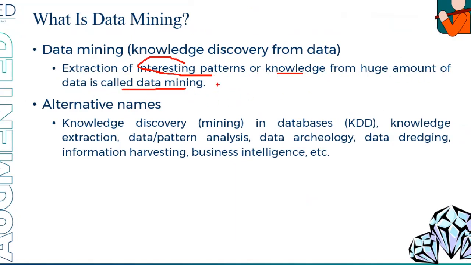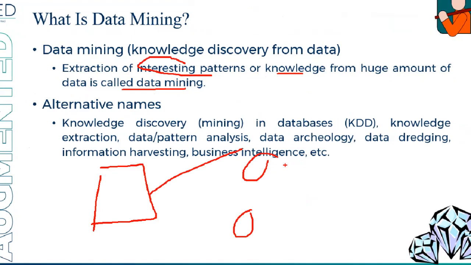By applying a set of processes, we extract interesting patterns or knowledge from a huge amount of data, and this is called data mining. For example, we have a set of data, and from it I decide whether I can play tennis, yes or no, or whether the patient is cancerous or not cancerous.